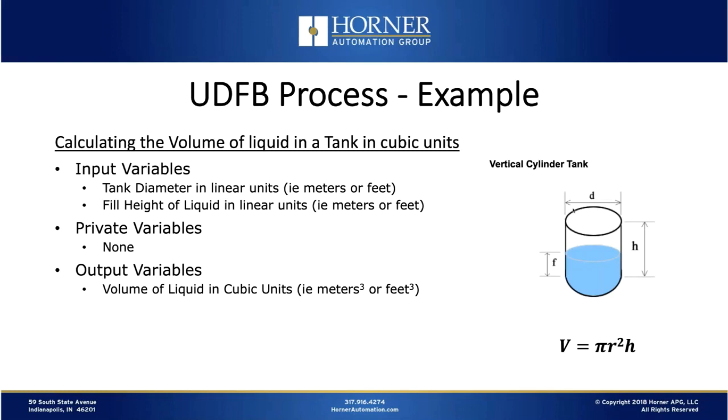It's a simple enough function block where we don't even have any internal variables. And our output variable is going to be the volume of liquid in cubic units. And to accomplish this, our function block needs to take into account the formula that volume equals pi times the radius of the tank squared times the height of the liquid.